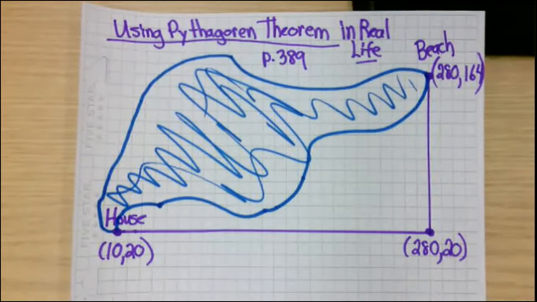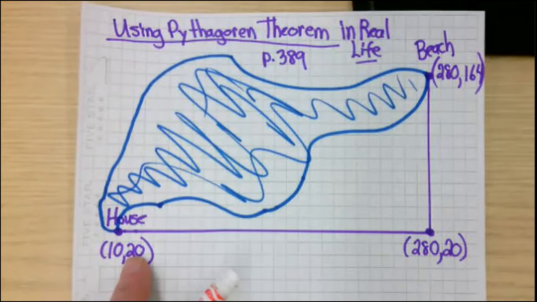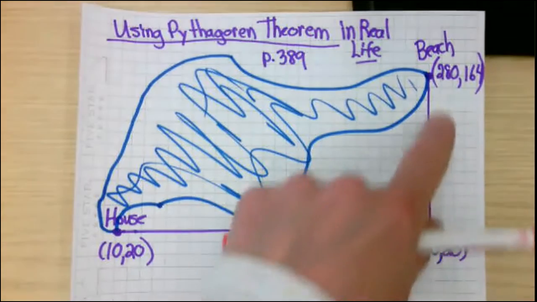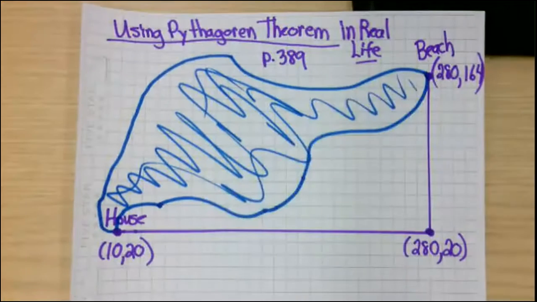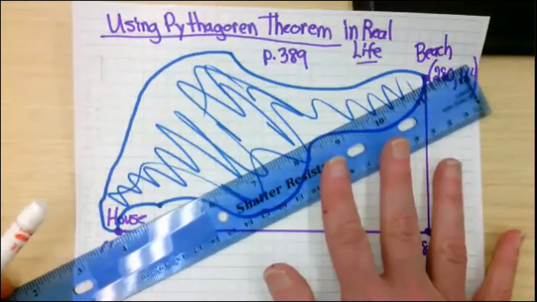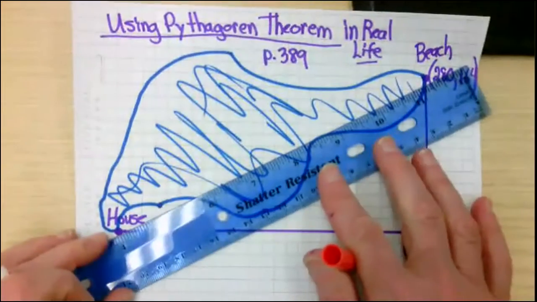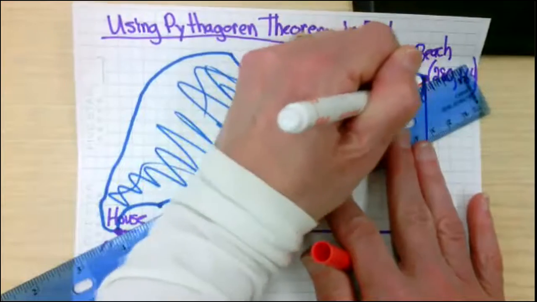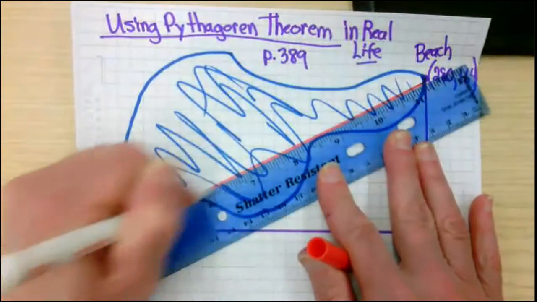So you have here a coordinate point, here a coordinate point, and a coordinate point up here. It says, use the Pythagorean theorem to find the straight line distance from Francesca's house to the beach. So how far is it if you go directly to the beach from her house? I know that wouldn't be easy to do unless you have a boat, but let's do this.